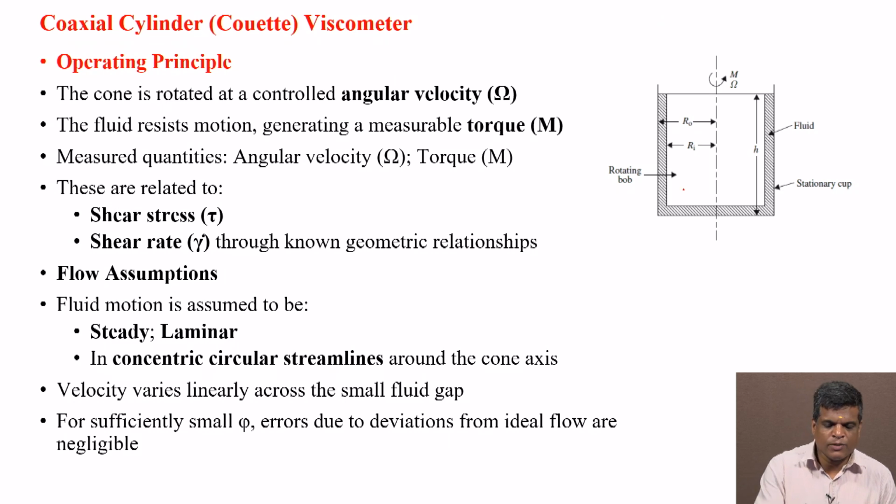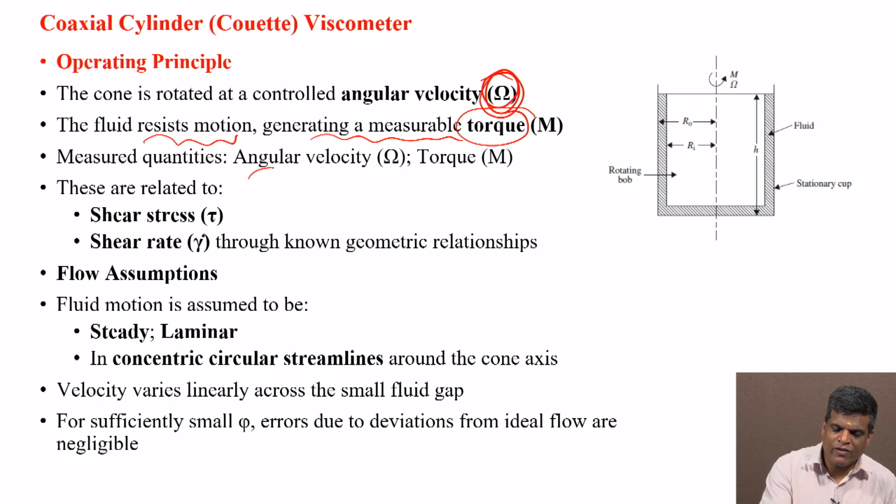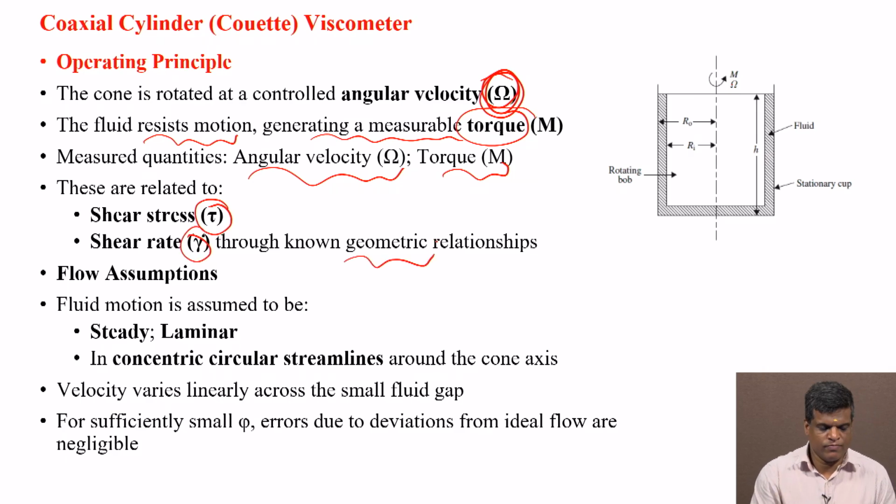So, what is the operating principle here? The cylinder is rotating with an angular velocity, and the fluid resists the motion, generating a measurable torque M. Once you have the angular velocity and torque, we can always get the shear stress and shear rate through a known geometric relationship.